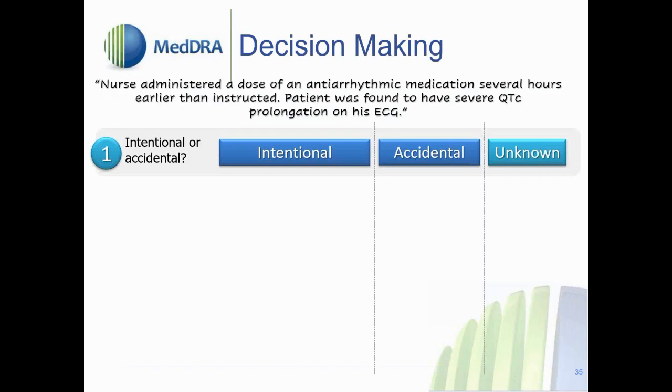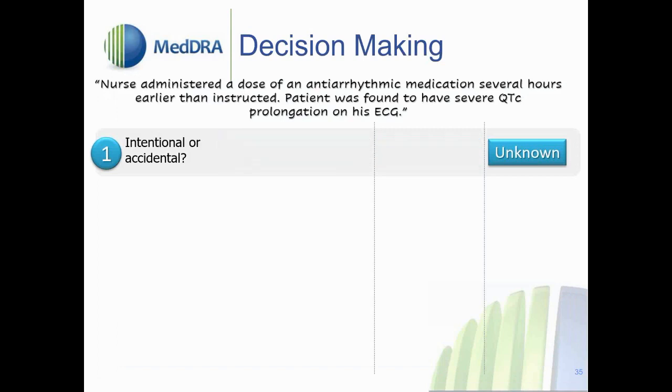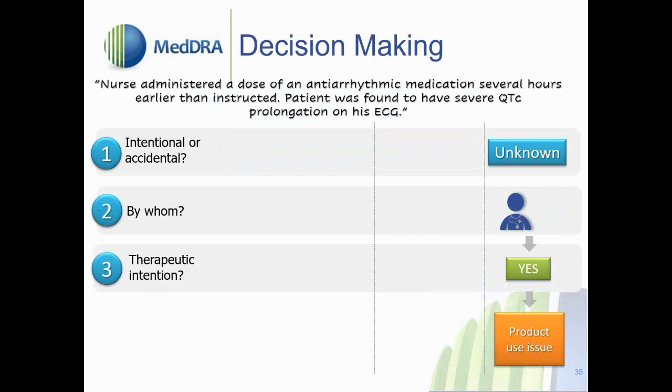Maybe the patient was scheduled for a surgery in the hospital in the afternoon, and it was brought forward to the morning, and she wanted to make sure that the patient receives his daily dose and decided to administer it earlier. We don't know. This is why I would classify it as a product use issue and would look for a neutral term which captures the reported incident, like a product use issue term.